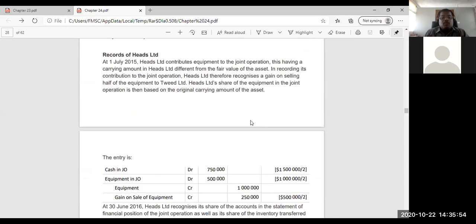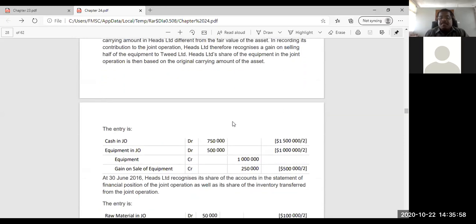But in the books of H Limited, you put the same entry, but there is a little bit of change in the journal entry.